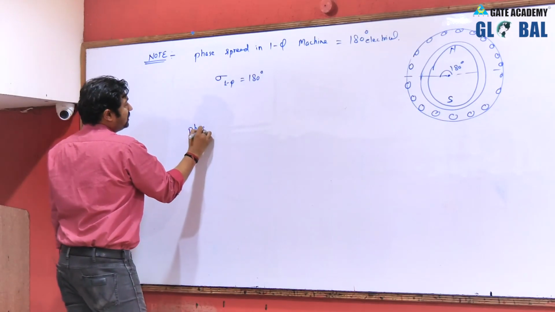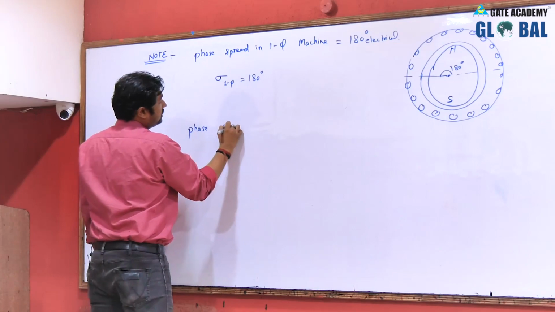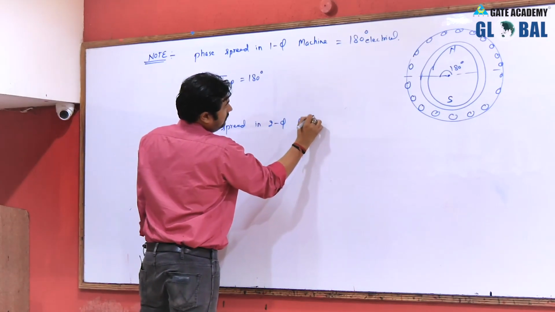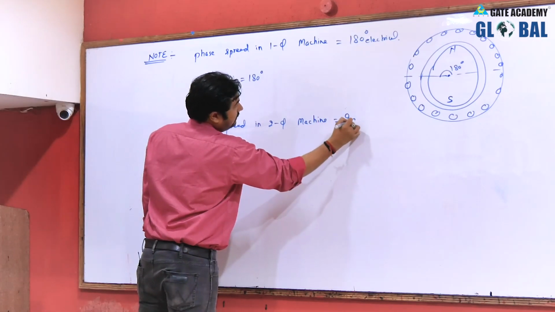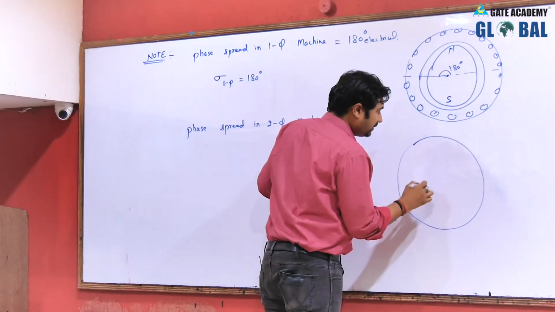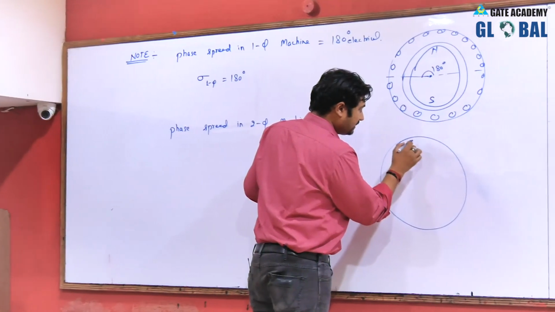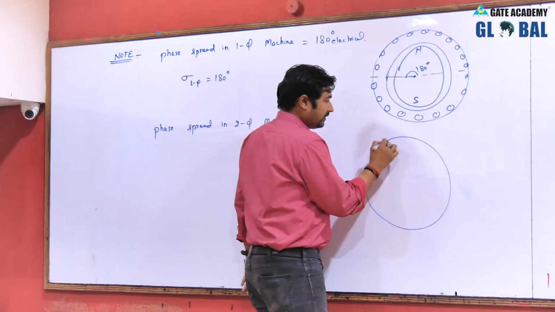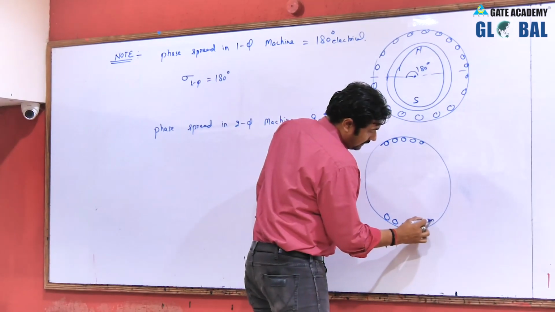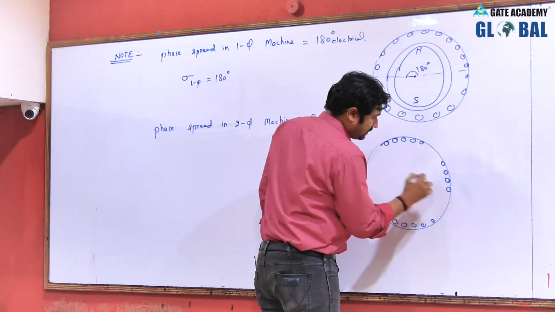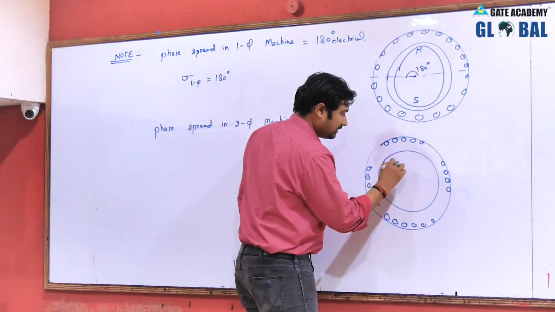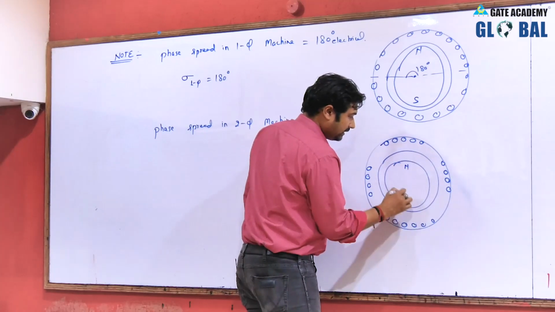Similarly, if the machine is of two phase, then phase spread in two phase machine is 90 degree. That is, in two phase machine you can say one phase is A phase, another phase is B phase. If this is represented in this way, then you can say north and south.